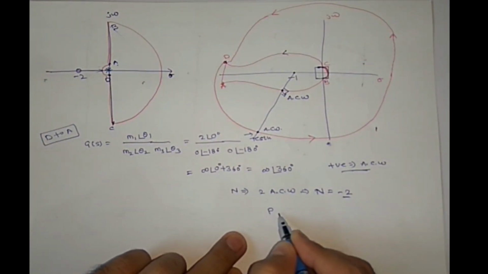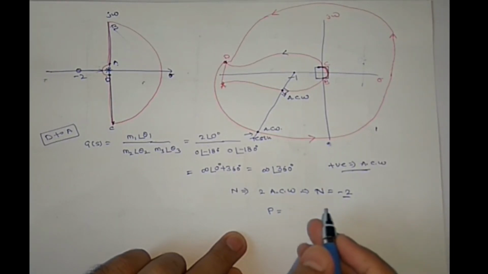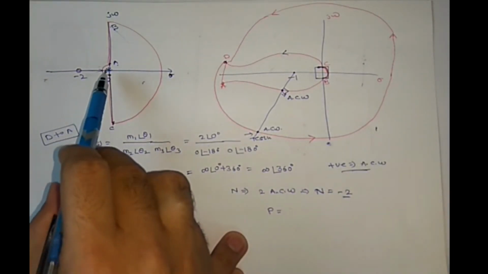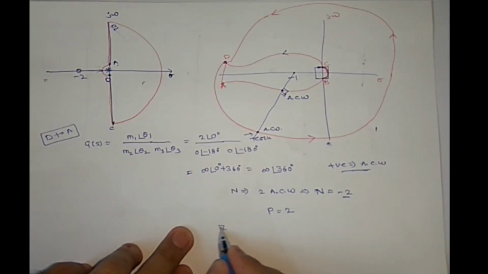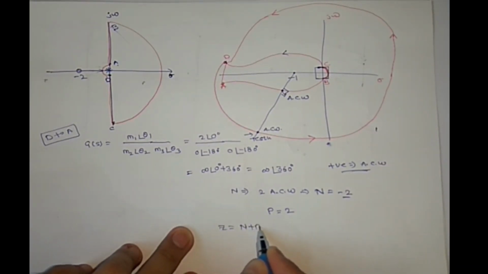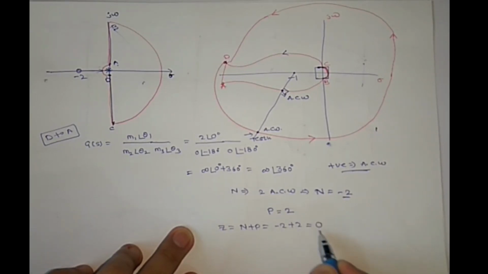Then the total number of open loop poles in the contour is 2, right? Then Z equal to N plus P, right? Here N equal to -2, this is +2, equal to 0.